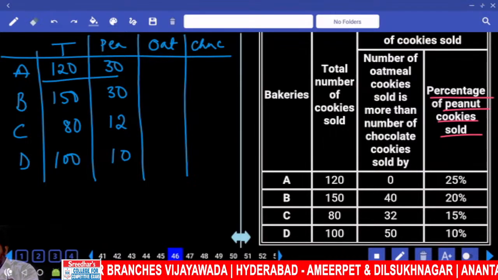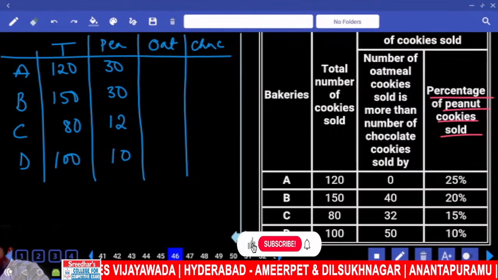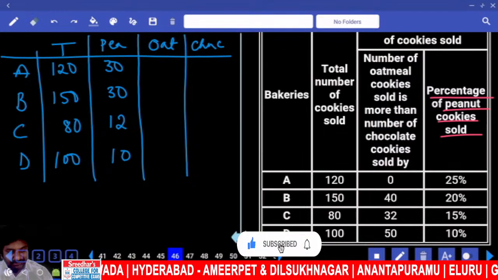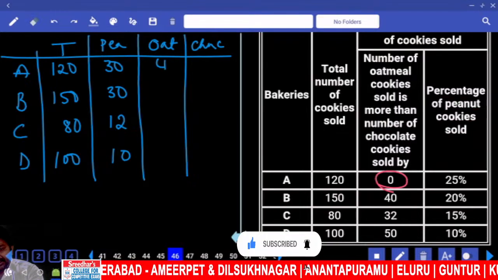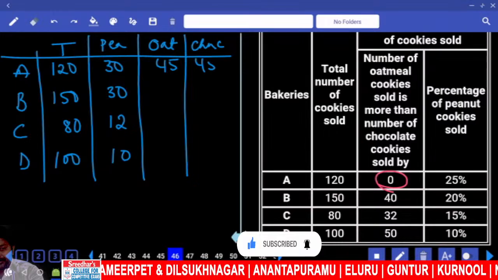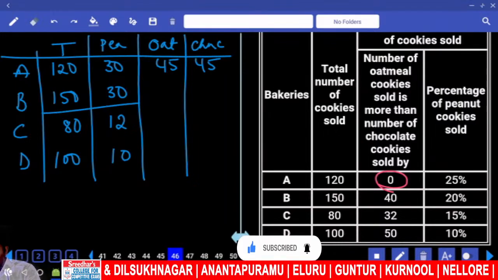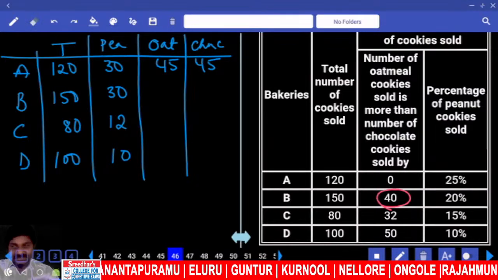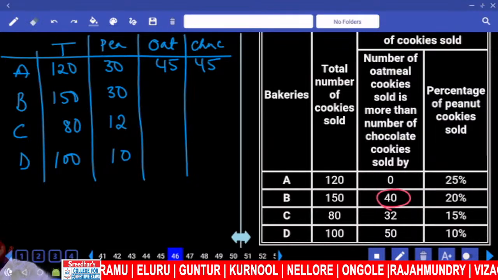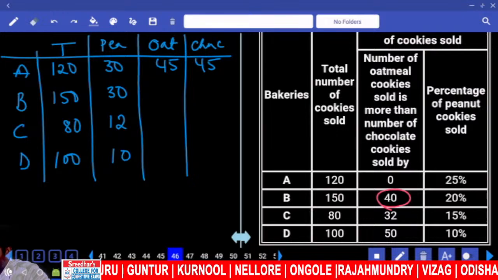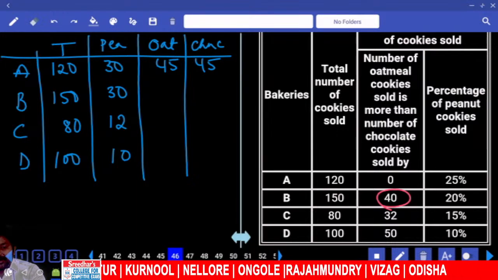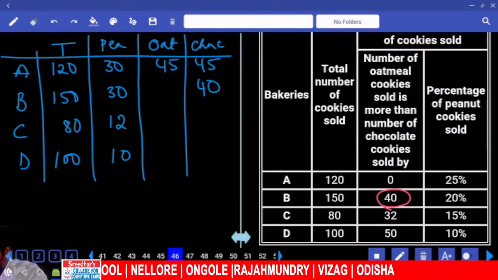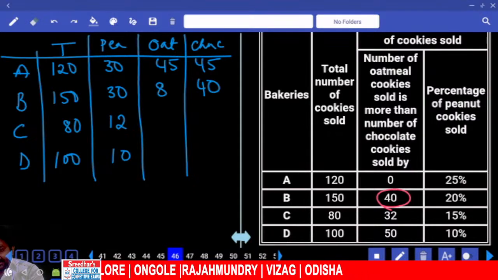Out of 120, 30 is already there. Remaining both 90. Difference is 0. Equally divided 45, 45. Out of 150, 30 is there. 120 remaining. Difference is subtract 40 first. 80. Equally divided. All the time chocolate is less. So I'll write 40 here and 80 here.